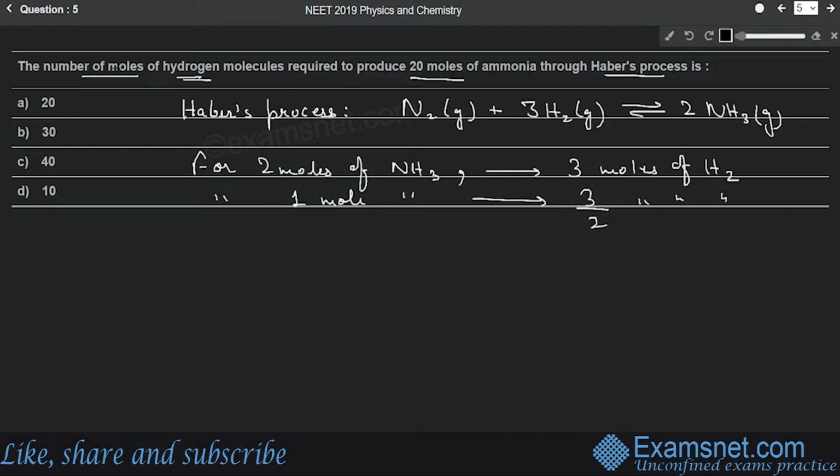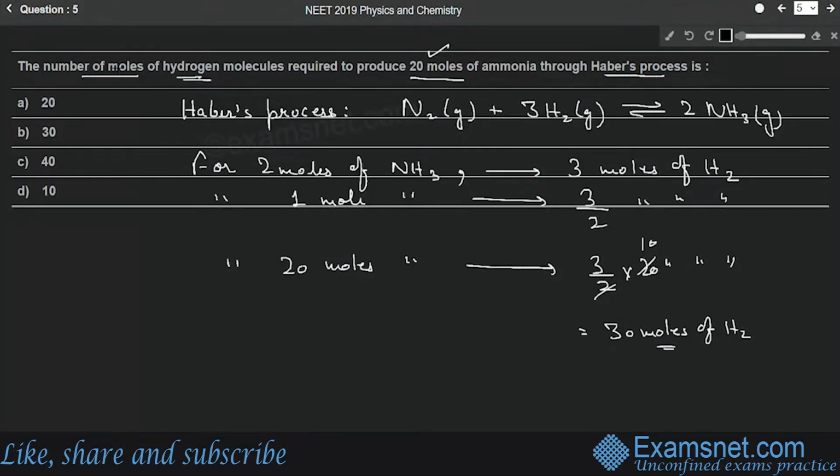And here, according to this question, we have to obtain 20 moles of ammonia. Okay. So 20 moles of ammonia should be produced. So for 20 moles of ammonia, 3 by 2 into 20 moles of hydrogen will be required, right? So what will we get here? 3 into 10, that means 30 moles of hydrogen molecules will be required. So option B will be the correct answer.